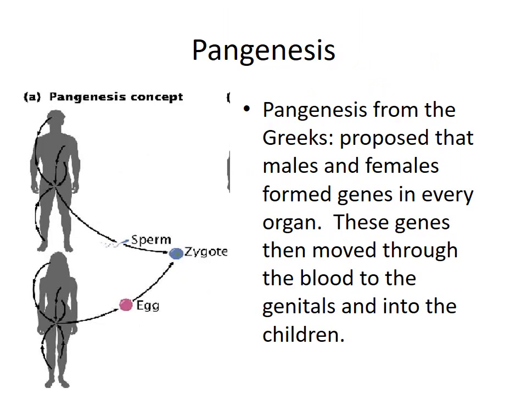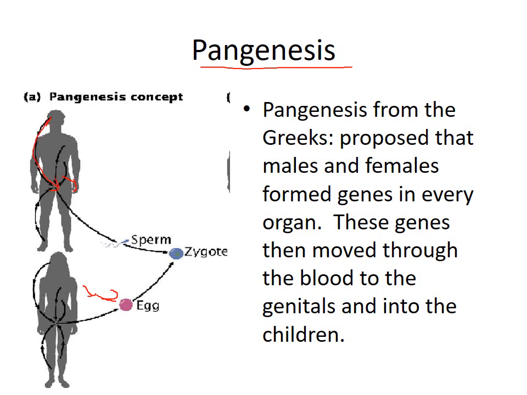Another early idea of inheritance is called pangenesis, which held the idea that certain organs in the female would contribute genes to the egg, and certain organs in the male would contribute genes to the sperm. So for example, the brain would give brain genes to the sperm.